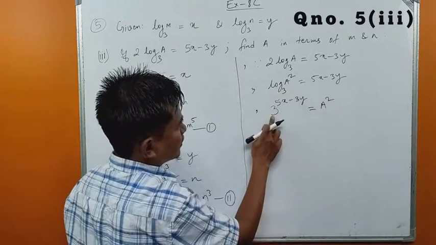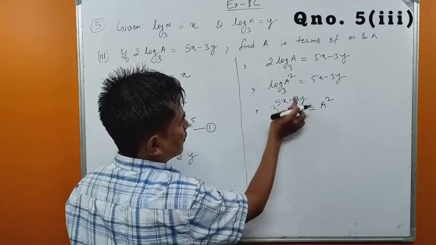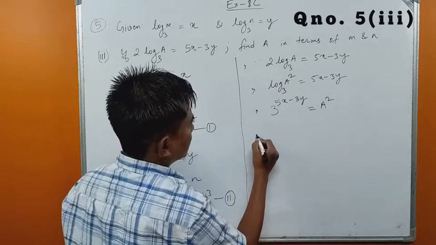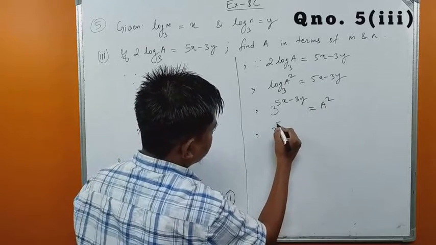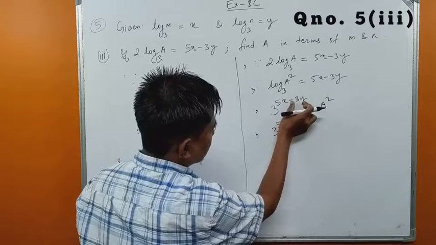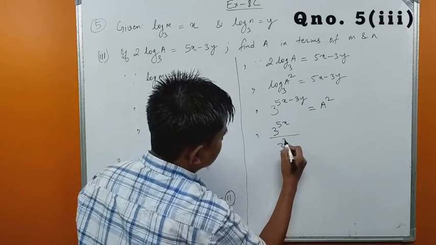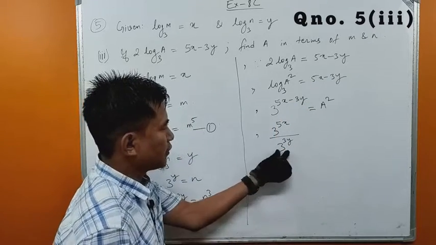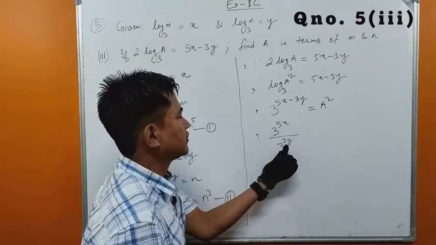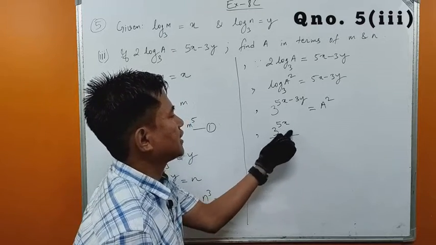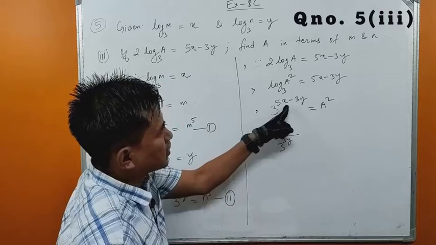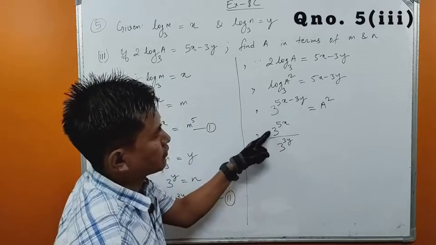This 3 remains here as base, this comes here as power, a square goes to the right hand side. Or 3 to the power 5x minus 3y means 3 to the power 5x upon 3 to the power 3y. If I bring this 3 to the power 3y to the numerator, the sign of the power changes to minus 3y, same base, powers subtract. This can be written in this form, okay.